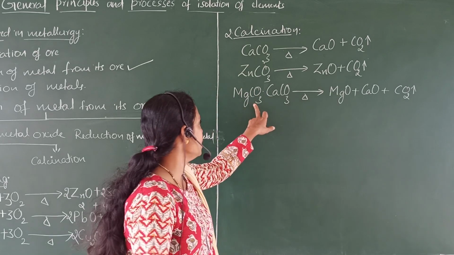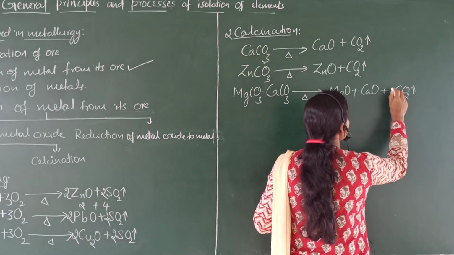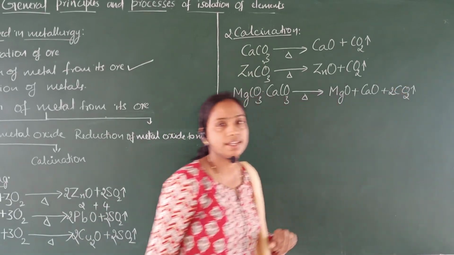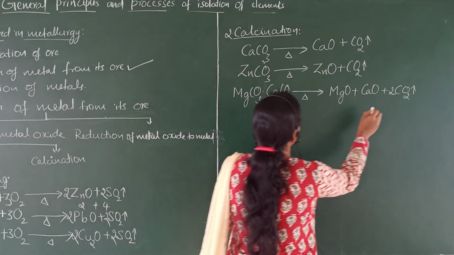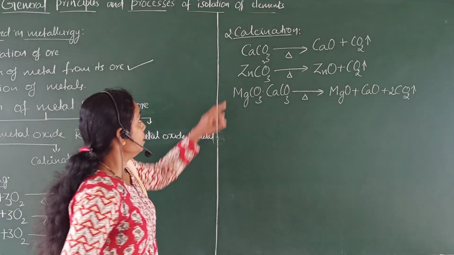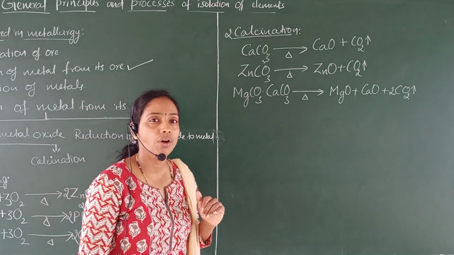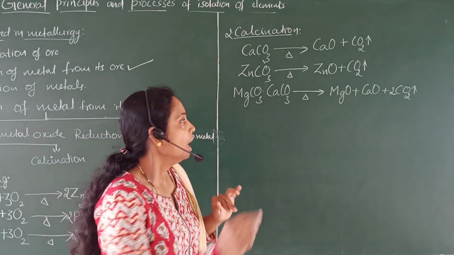Here 2 carbonates are there, therefore 2 molecules of carbon dioxide gas are liberated during the reaction. This is regarding the calcination of carbonate ores.